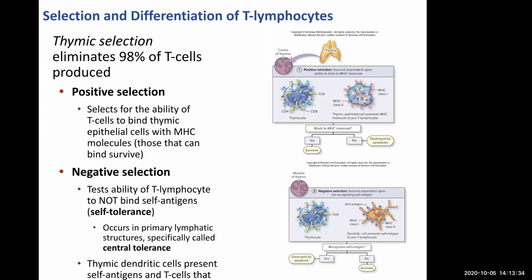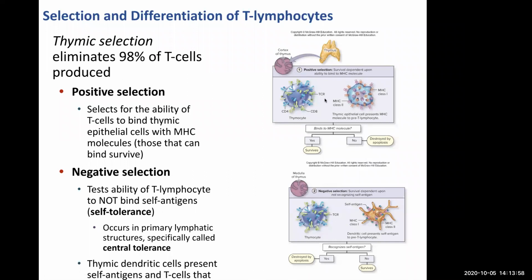Because again, that's how T cells see antigen. They see their antigen in the context of MHC. So that the T cell receptors are tested with, I'm not going to ask you this much detail, but these are thymic epithelial cells that present antigen in the context of MHC to the pre-T cells.